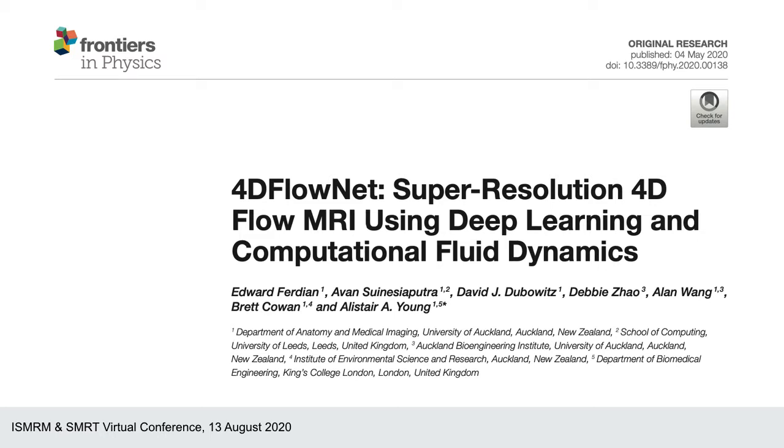He is a PhD student at the University of Auckland, New Zealand. He developed this network, which he called 4D FlowNet, where it learns how to increase the resolution of 4D flow MRI by using a deep learning network. And he also used computational fluid dynamics to generate the training data.